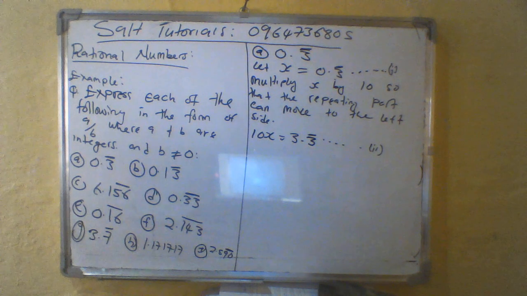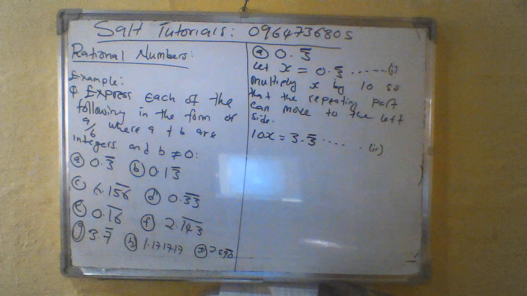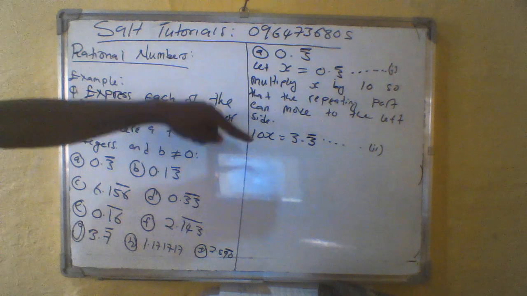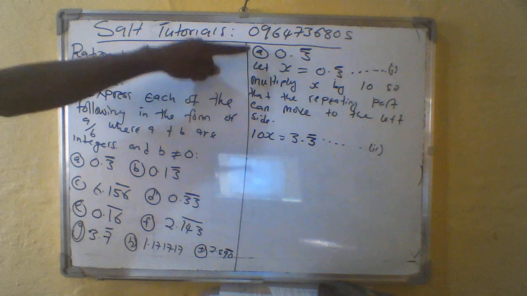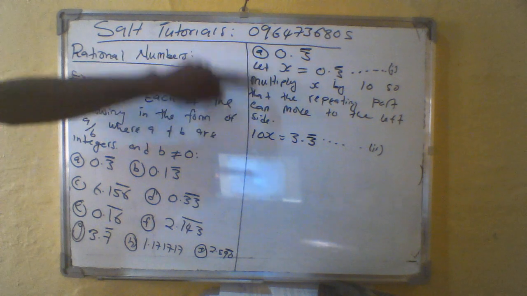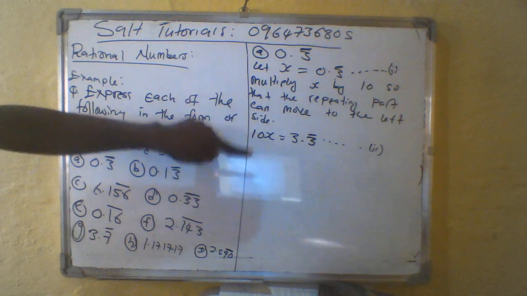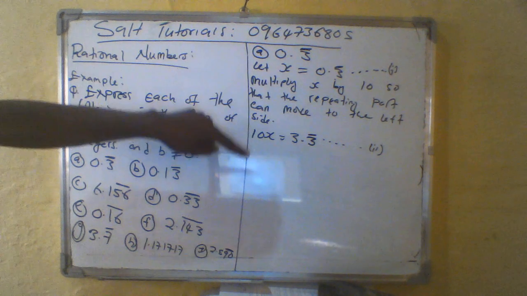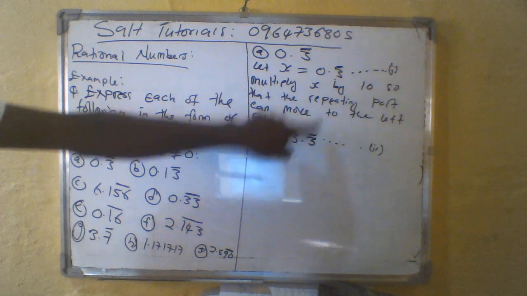We are multiplying by 10 so that the repeating part can move to the left, so that when we subtract these two equations, the repeating part can cancel out. We're trying to make sure that the repeating sides cancel out.